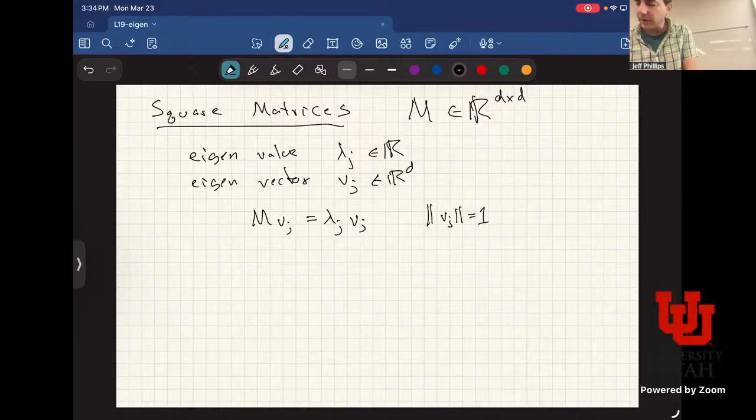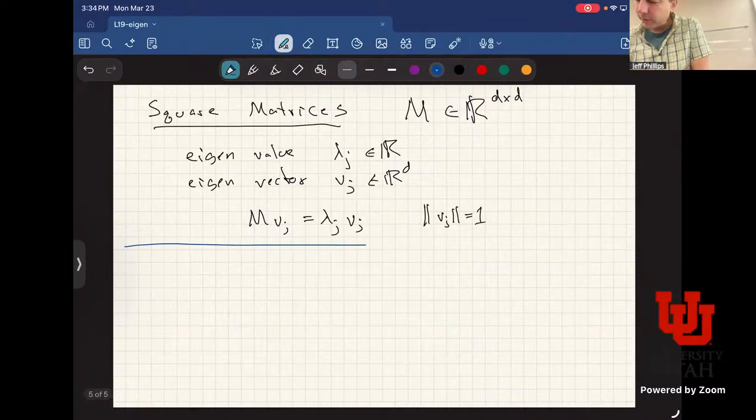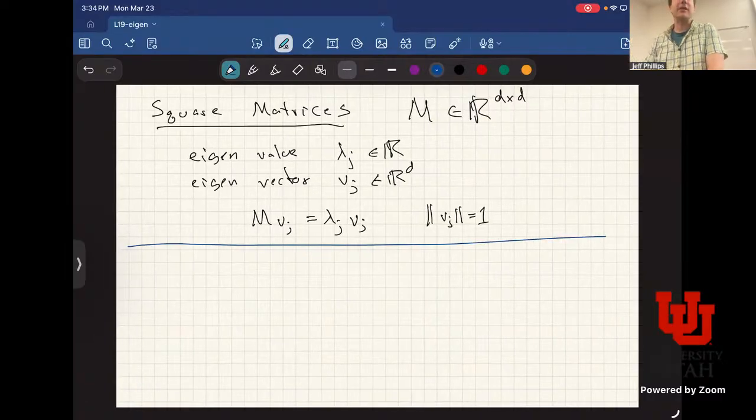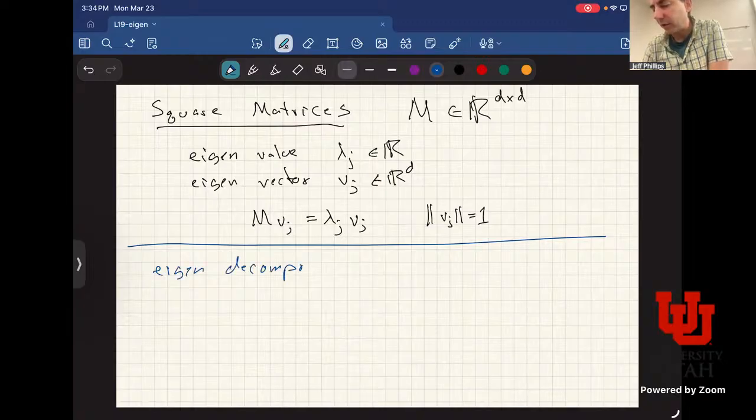Now, remember what the eigenvectors are. We can recall the eigen decomposition, which is like the singular value decomposition.